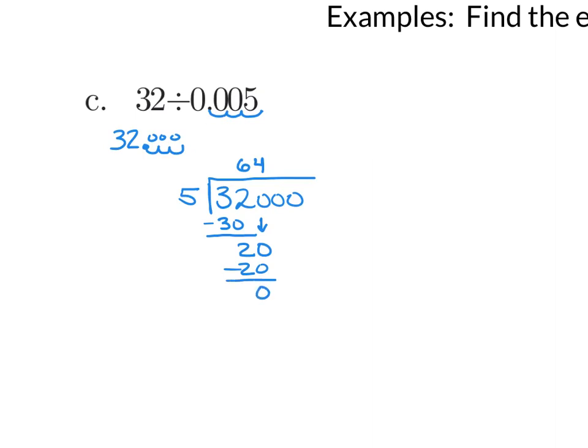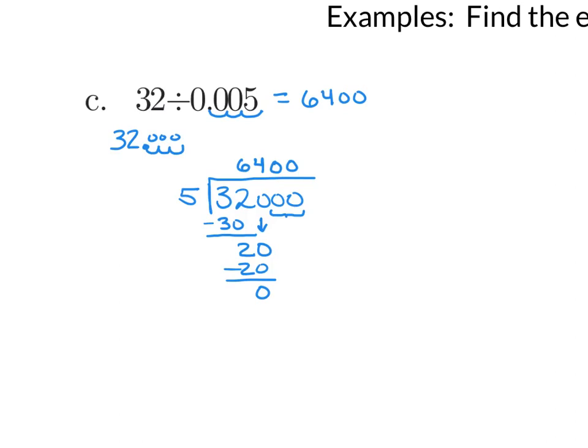Now, as I only have zeros left over, you don't necessarily have to bring these down and divide. What we can do is, just like with our decimal point, we can move these extra zeros straight up into our answer. And so our final answer is 6,400.